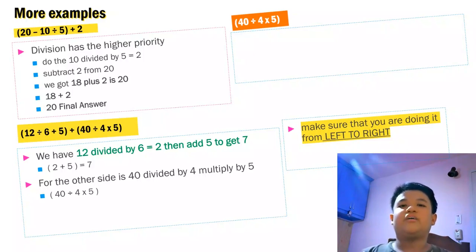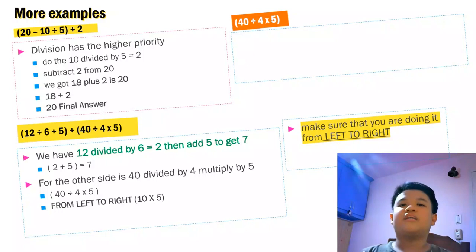Since multiplication and division have the same priority and importance, same thing with addition and subtraction, we need an extra part at the end of each of these rules that says from left to right. If you have a problem that has both multiplication and division or subtraction and addition, then you are supposed to work it from left to right.